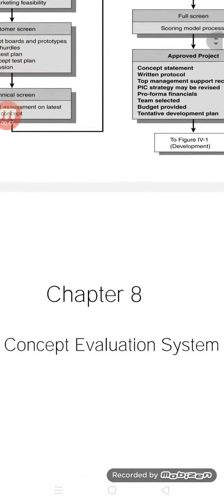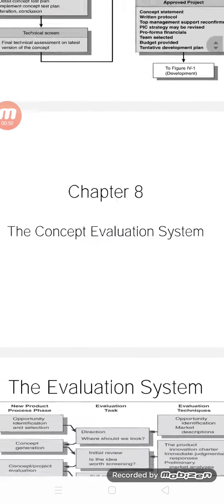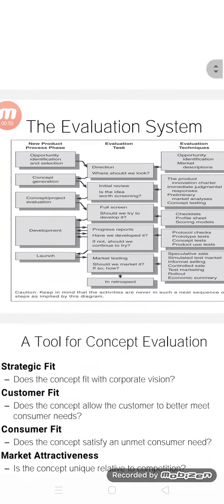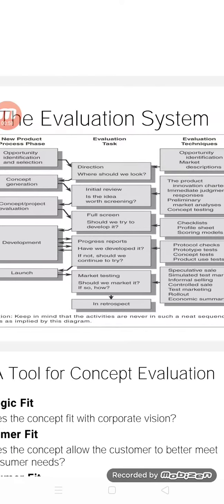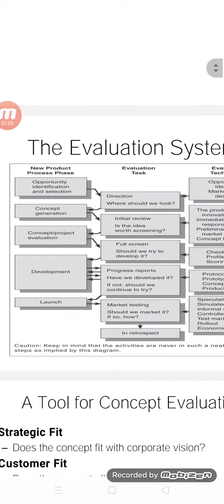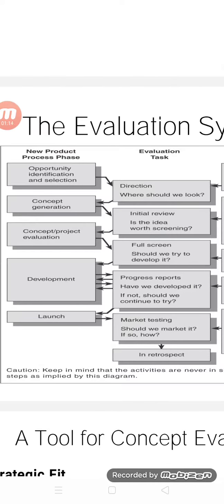So due to this, we're going to focus on chapter 8, which discusses the concept evaluation system. This evaluation system consists of 5 phases, as we mentioned in the earlier chapters of this paper: opportunity identification and selection, concept generation, concept or project evaluation, until they go into the development stage, and finally the launch stage of the product process.